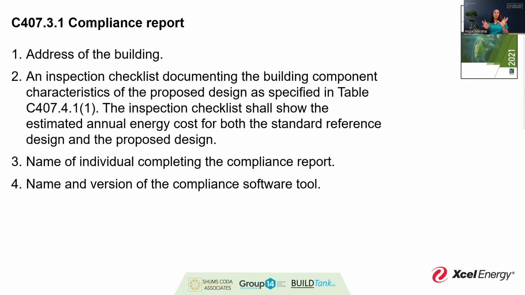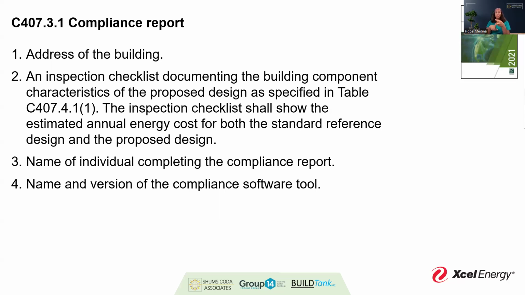At this point in the 21, the compliance path reports are only required to be provided at the plan review submittal. There isn't something in code specifically that says that you have to have it verified. Now, in that report, it does have to have the address of the building. We always have to know who this report is applicable to, right?